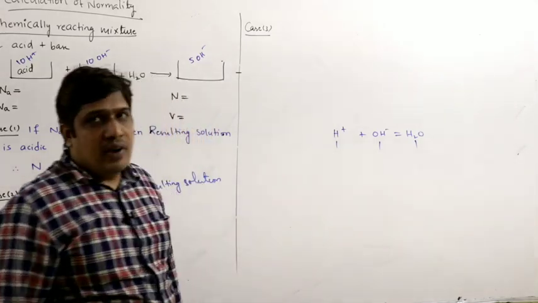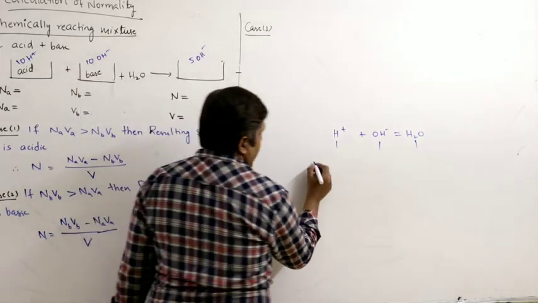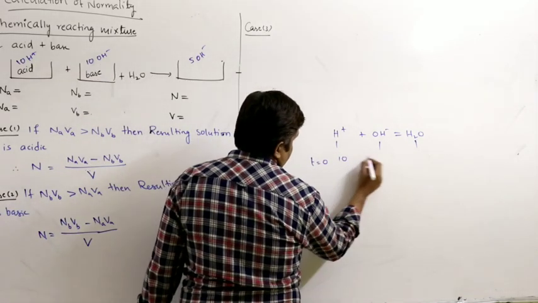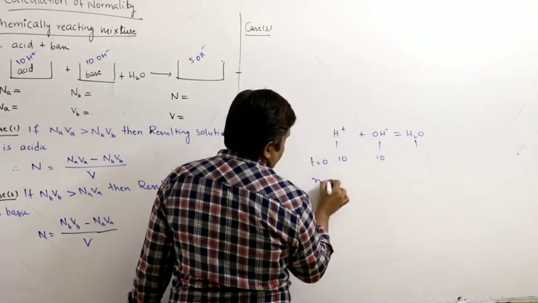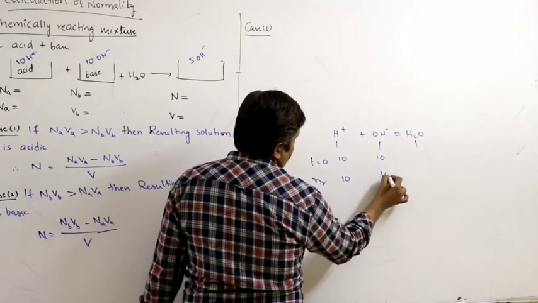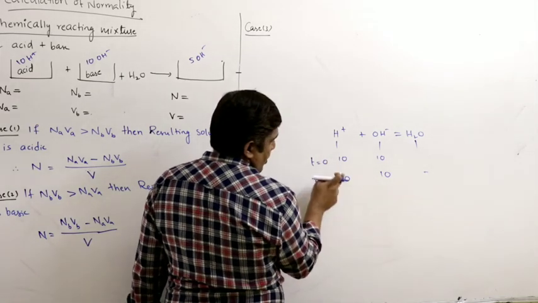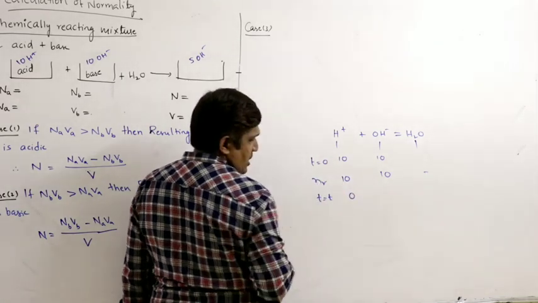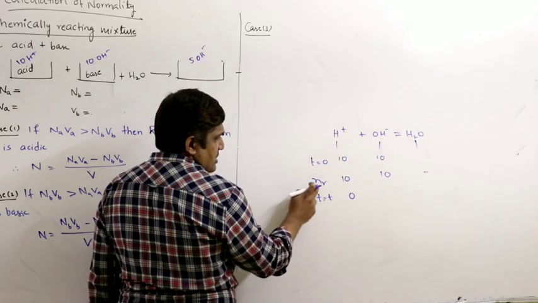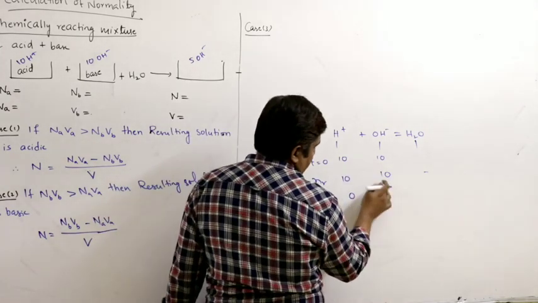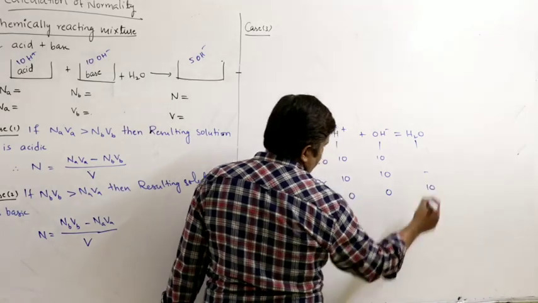When they combine you will get one water molecule. Initially we have 10 and 10. How many will be reacted? Both. 10 H plus will combine with 10 OH minus ions. After this reaction, out of 10, 10 are reacted, left over will be 0, and you will get 10 water.